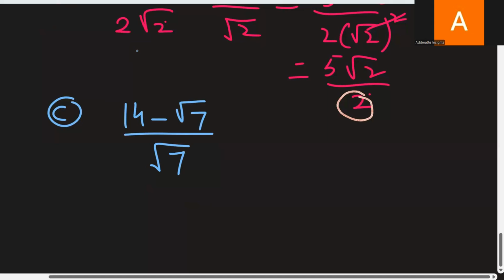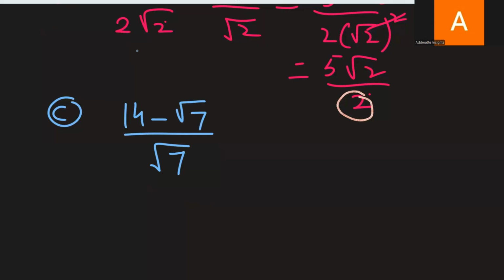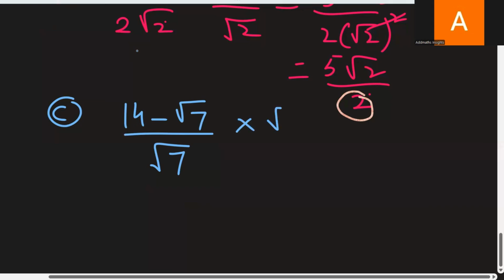You have to rationalize the denominator. The denominator is root 7. You have to change this irrational denominator into a rational number. And what you need to do? You multiply and divide by root 7.